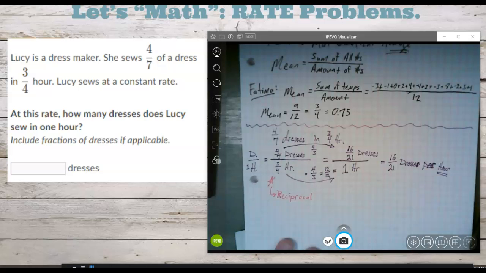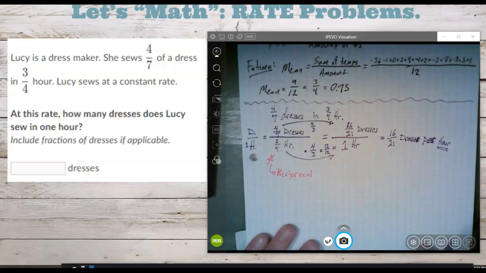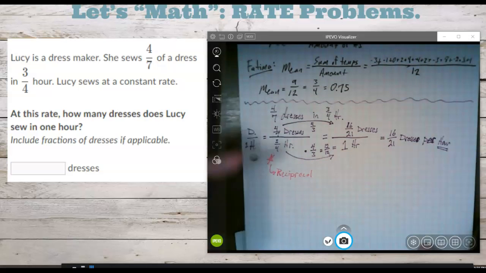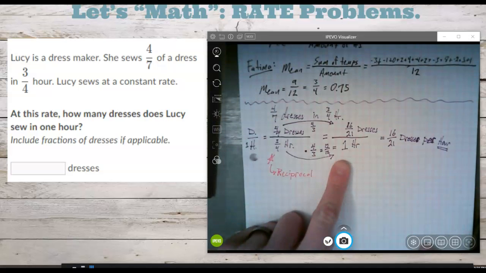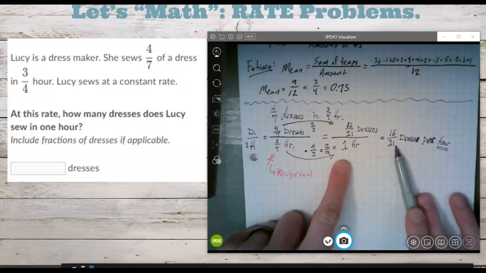Questions on this problem? We first set up a rate, just comparing dresses to hours. Then we manipulated it into the unit rate, and we tried to write it a little bit cleaner, but it didn't really work. So we just got 16 over 21.